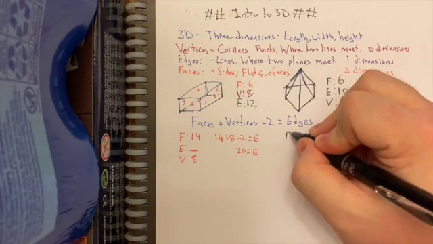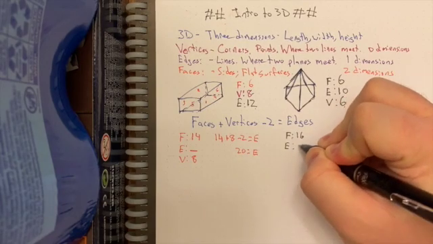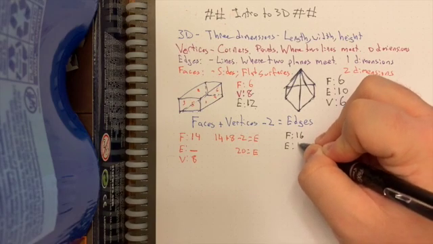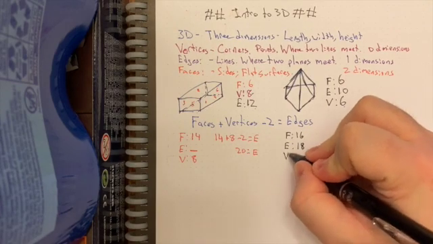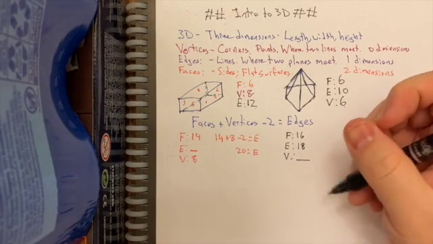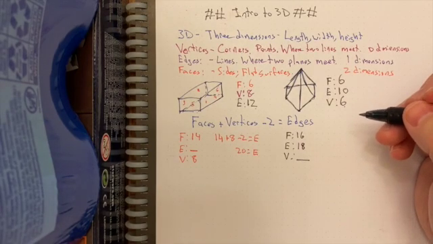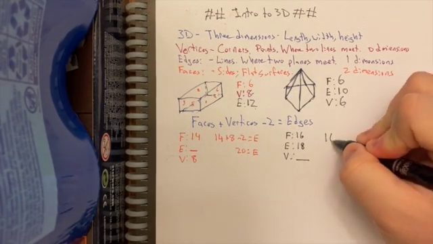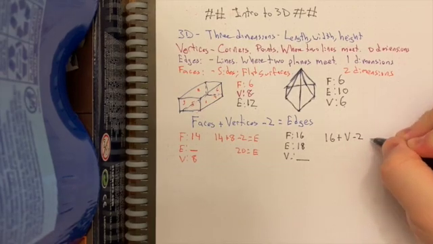I could ask, let's say there's 16 faces, let's say edges, there's 18. Vertices, blank. I feel like this is an impossible shape, but if this did exist, you would do 16 plus, we don't know what the vertices are, so put v minus 2 equals 18.